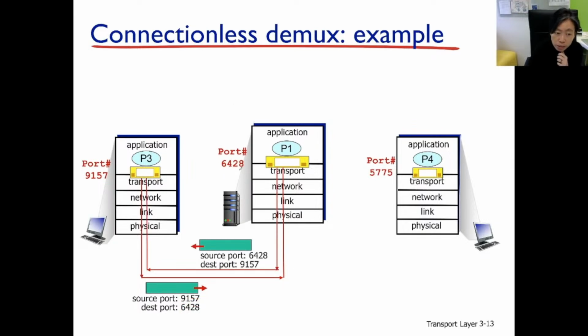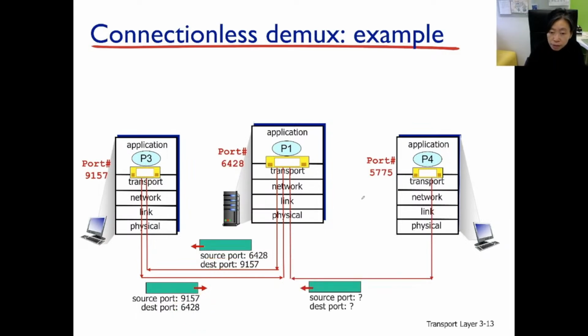The return messages, the replies from the server, will then carry the source port number being the server's port number and the destination port number being the original request sender's port number, 9157, the client's port number. So you see how P1 can generate the reply: the port numbers are essentially the reverse of the requests.